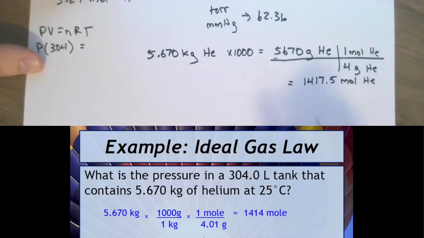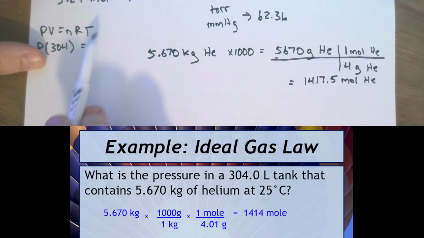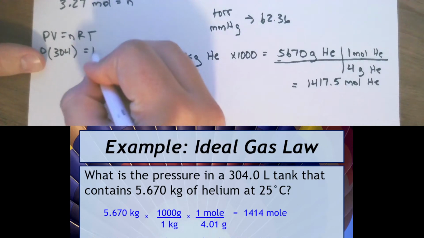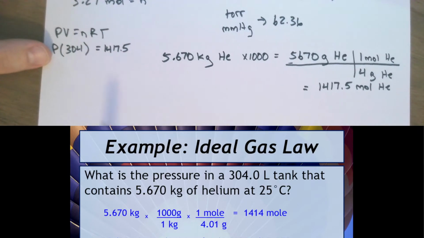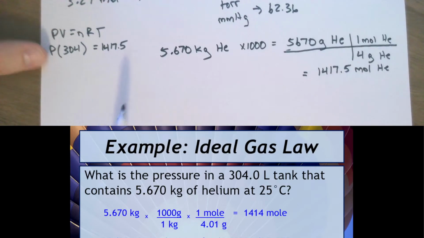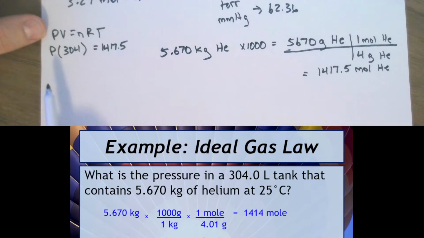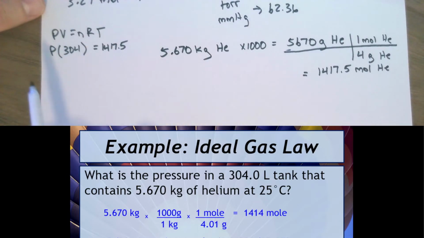So that's a lot of helium. Okay? But that's my n that we solved for. So I'm going to go ahead and plug in 1417.5 for n. R is going to be my gas constant. Pressure wasn't given to me in a specific unit, so I can choose any unit of pressure I want. Usually, if you have a choice, you would choose atm.